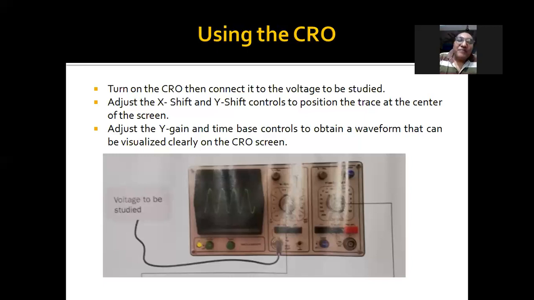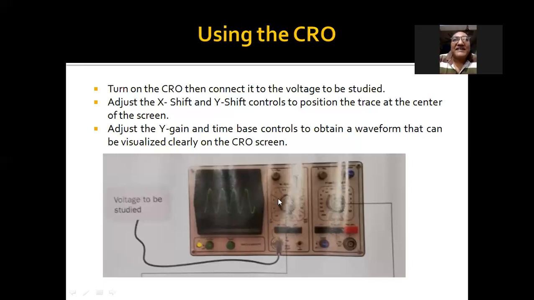For example, if you set it to 4 volt, it means that 1 square on the Y axis represents 4 volt. So Y gain is a control on the front side of the screen.